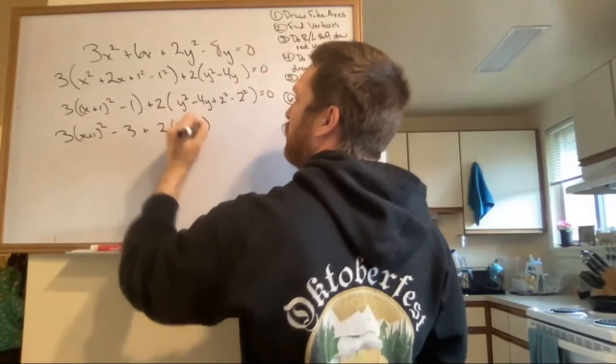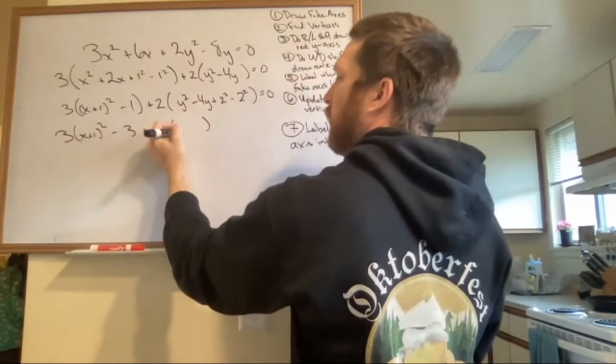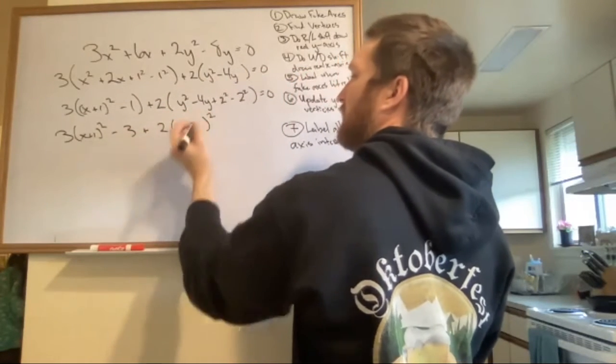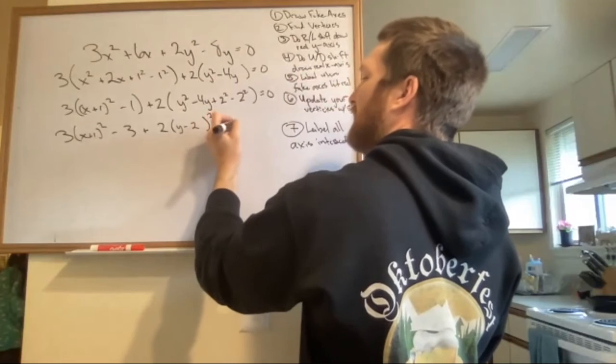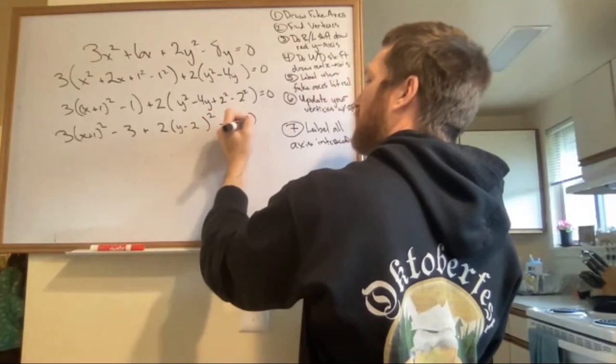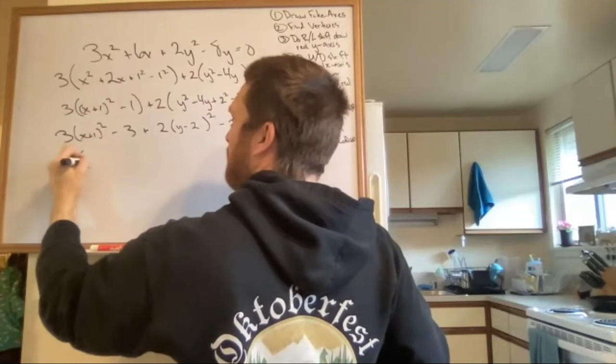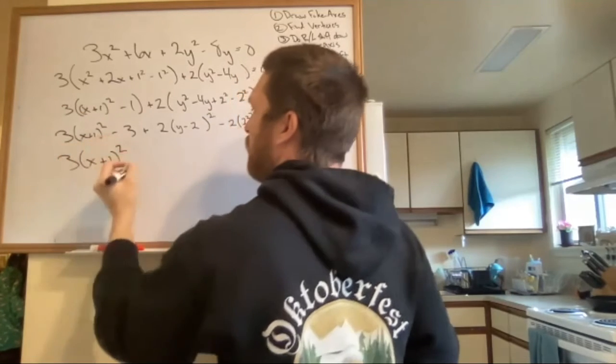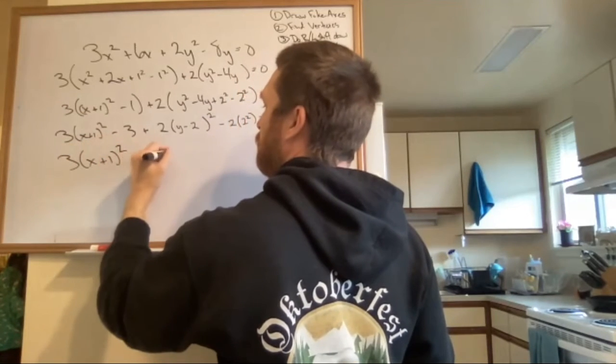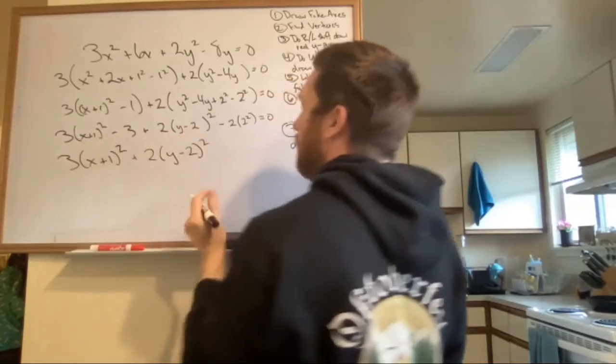It should be y minus 2 quantity squared, and then the 2 comes back in to give us a 2 times the 2 squared. So that we get 3 times x plus 1 squared plus 2 times y minus 2 squared.